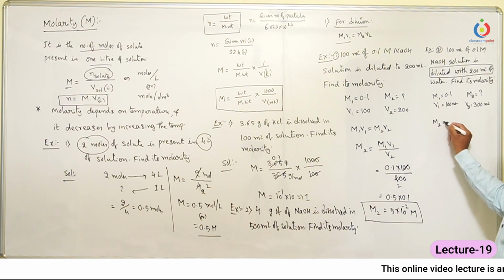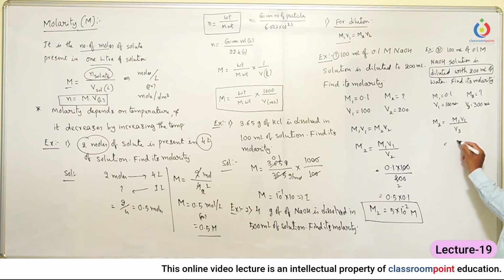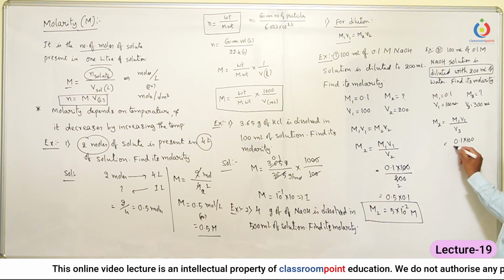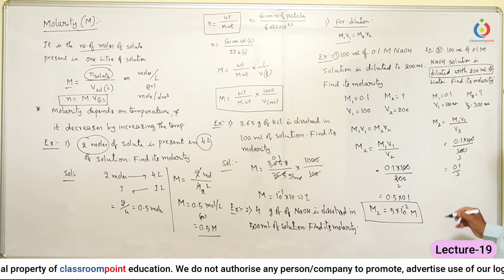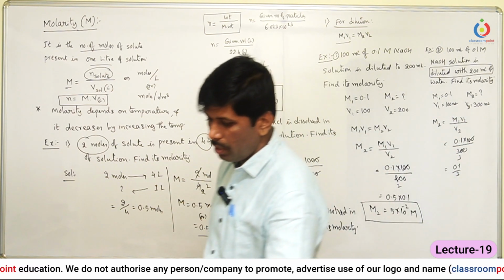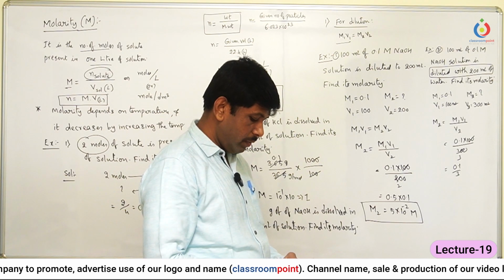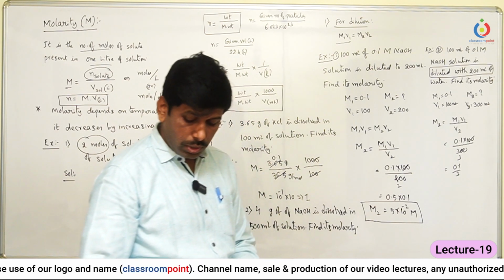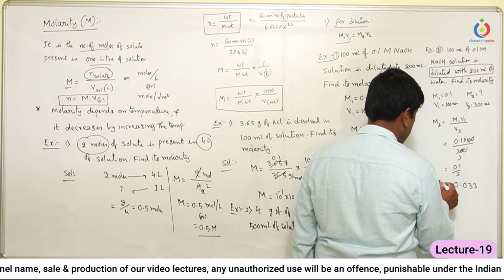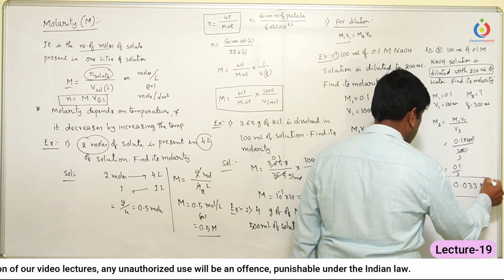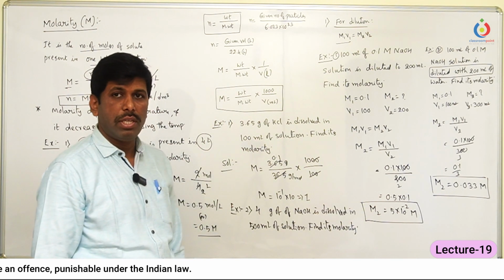So M2 is equal to M1 V1 divided by V2, which is 0.1 into 100 divided by 300. It goes 3 times, so 0.1 divided by 3 is equal to 0.033. So 0.033 M is the final molarity of the NaOH solution. Like this we can calculate solutions in which dilution is happening.